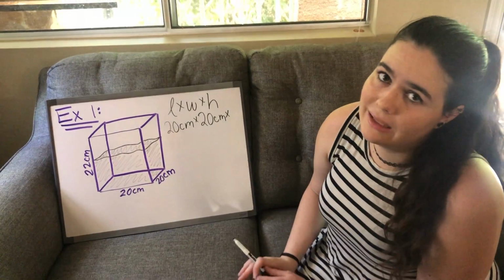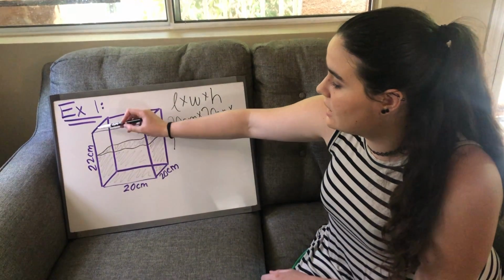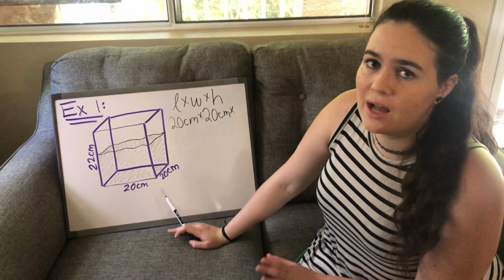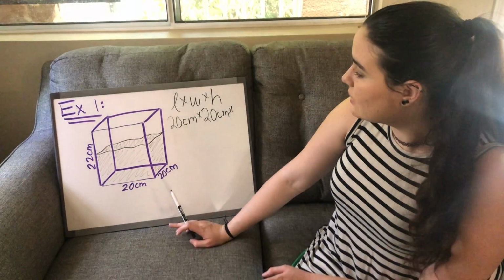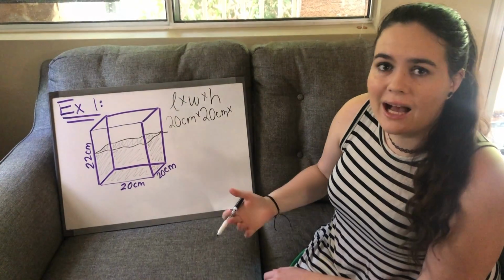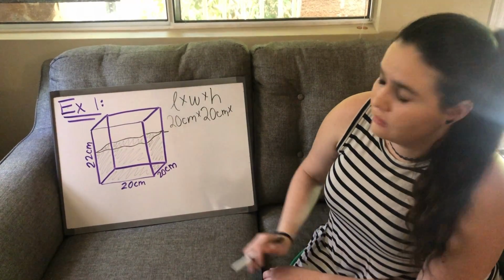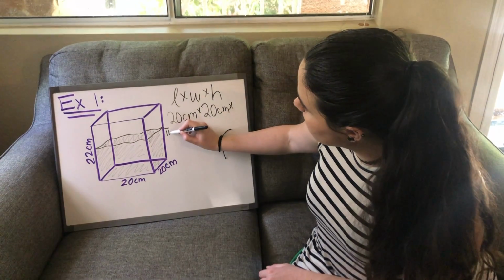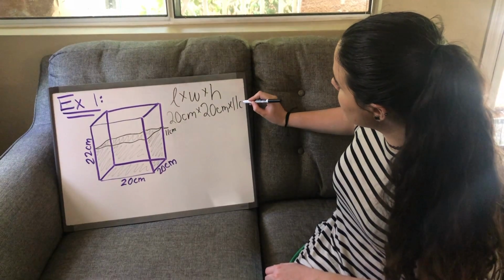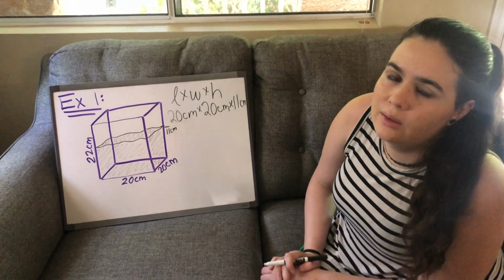So this is where you might get tricked because the height of the container is 22 centimeters, but the container is only half full. So we are only going to use the height of the oil. So what is half of 22? 11. So we are going to use 11 centimeters as our height.